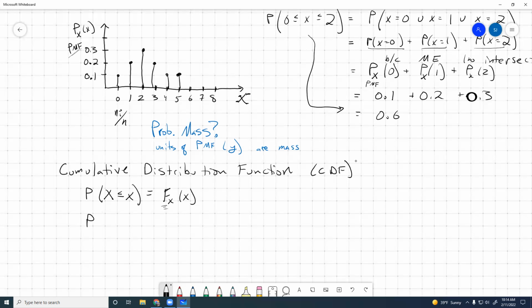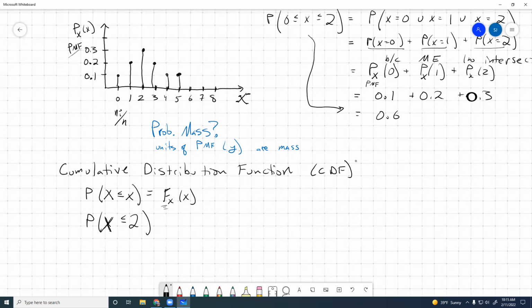And we can put in a value here. So what's the probability that big X, that the random variable, takes on some value that is less than or equal to 2? Okay, so the cumulative distribution function gives you the probability that the value is less than or equal to that.